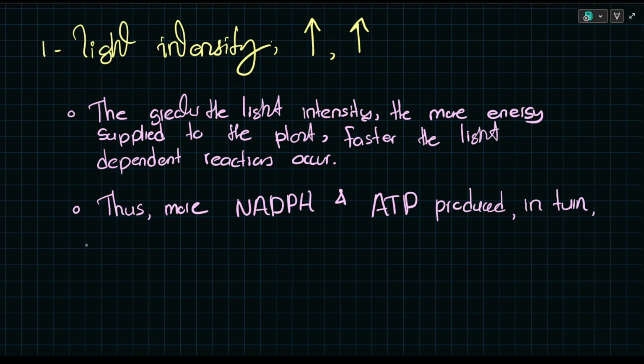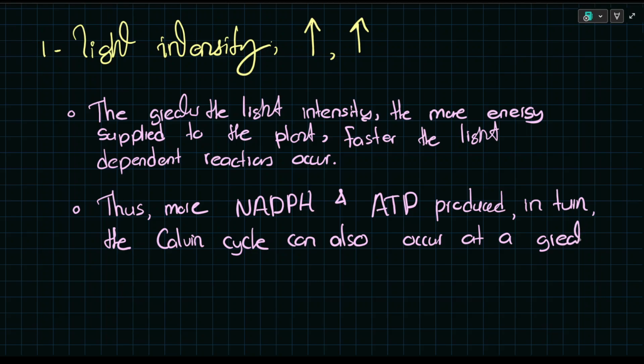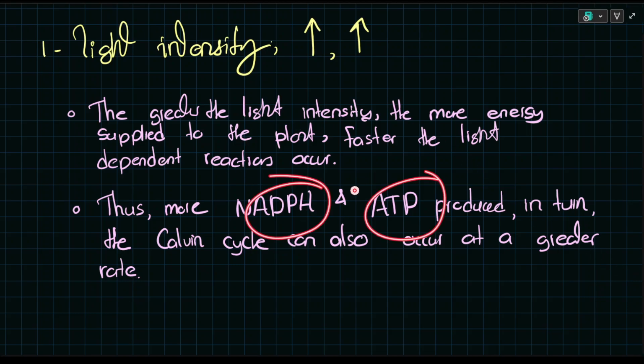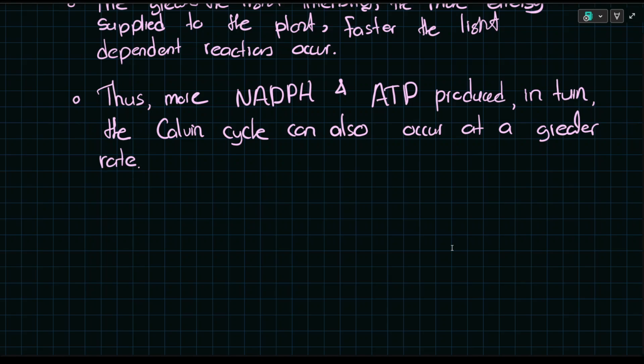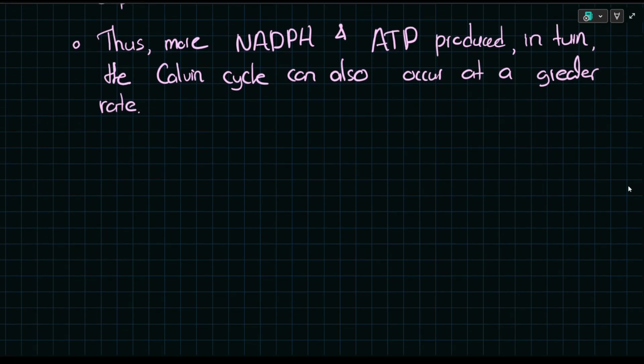So in turn, the Calvin cycle can also occur at a greater rate. That's it. Why can it occur at a greater rate? Because we're producing more NADPH, more ATP. These are the things utilized in the Calvin cycle. So if we have more of them, we can have a faster Calvin cycle as well.